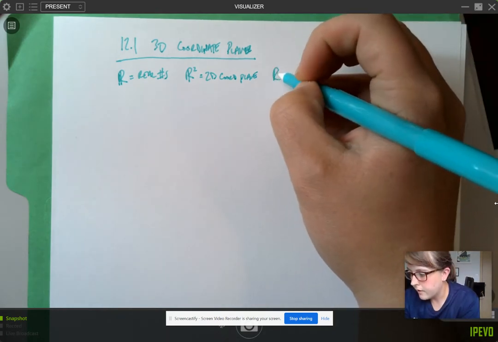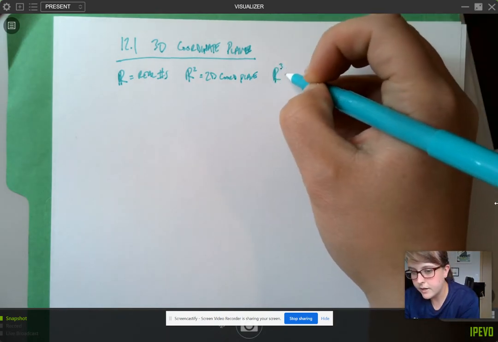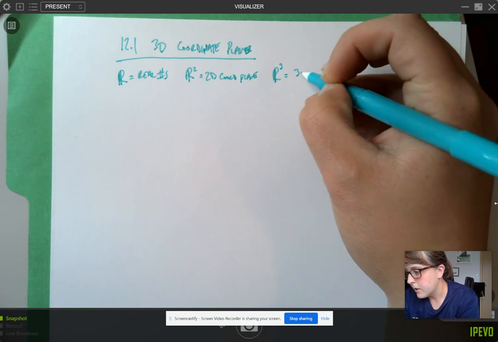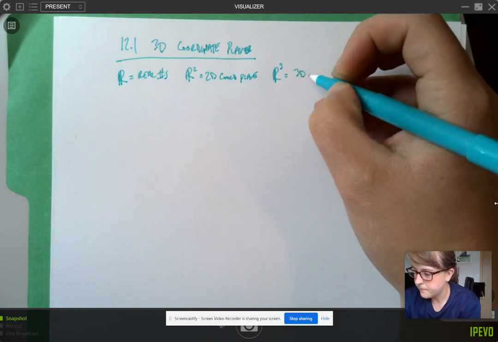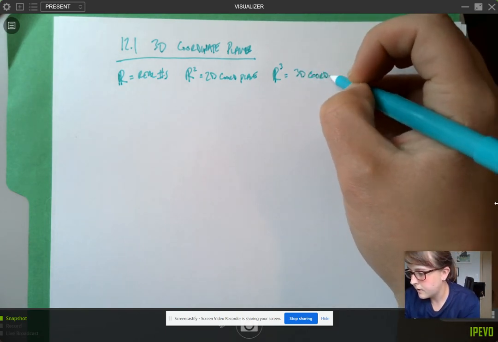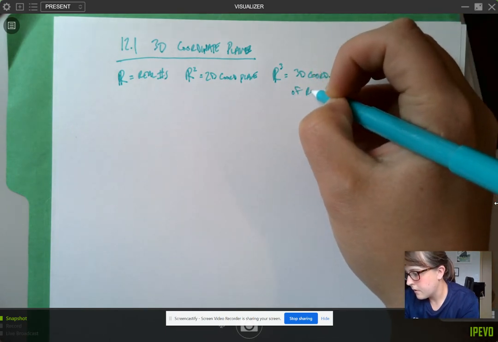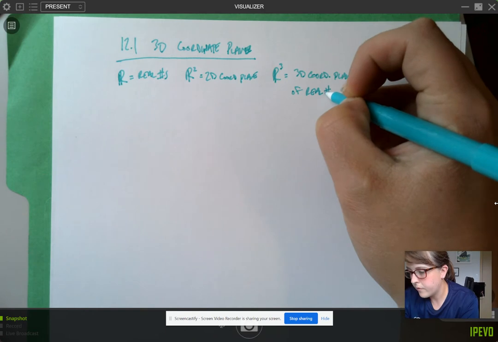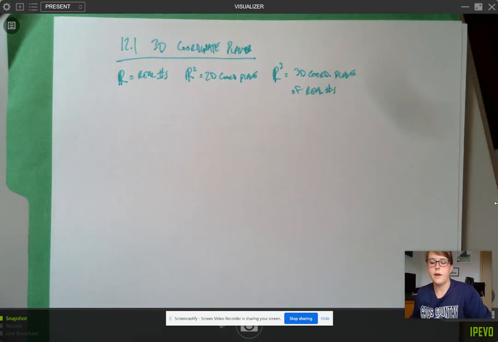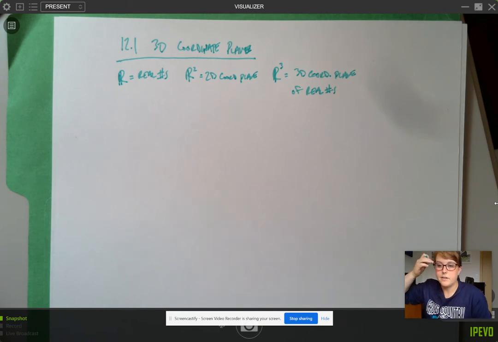And then you might have guessed it, R3 is going to be the three-dimensional coordinate plane of real numbers. Okay, so we're going to be working in R3 now for this whole chapter. And sometimes you'll also hear it called three space. That's just another way to say three-dimensional space.